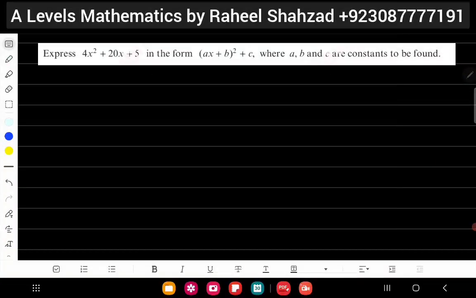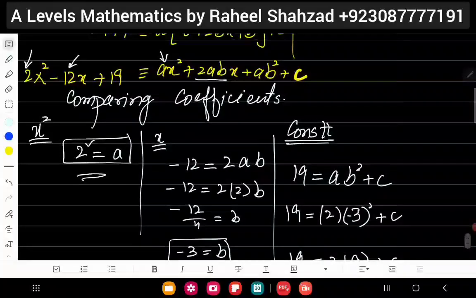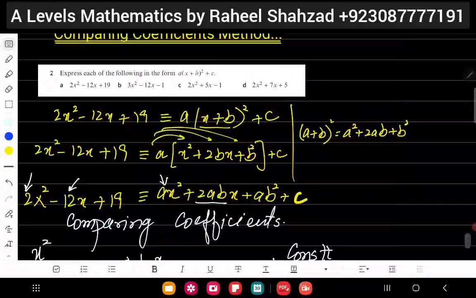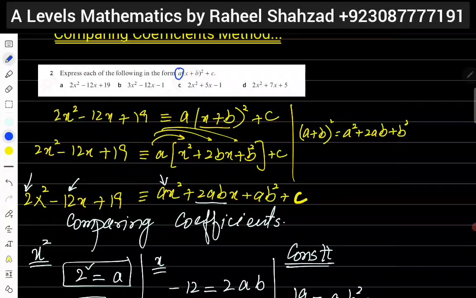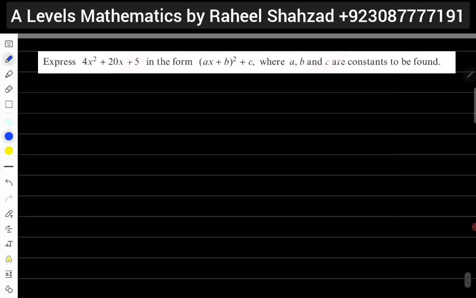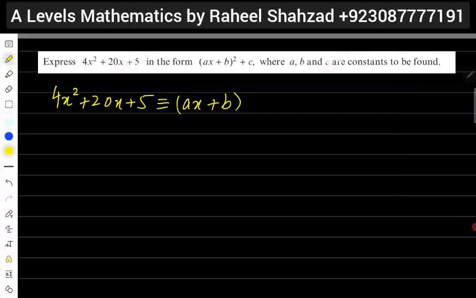We may get such questions, 4x squared plus 20x plus 5 in the form of ax plus b whole square plus c. In my previous examples, a was outside the bracket, but now a is coming inside the bracket. So let's see how we are going to solve it. So 4x squared plus 20x plus 5 can be written as ax plus b whole square plus c.